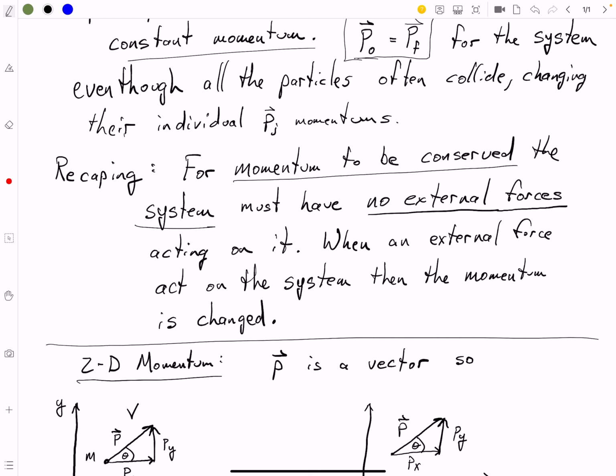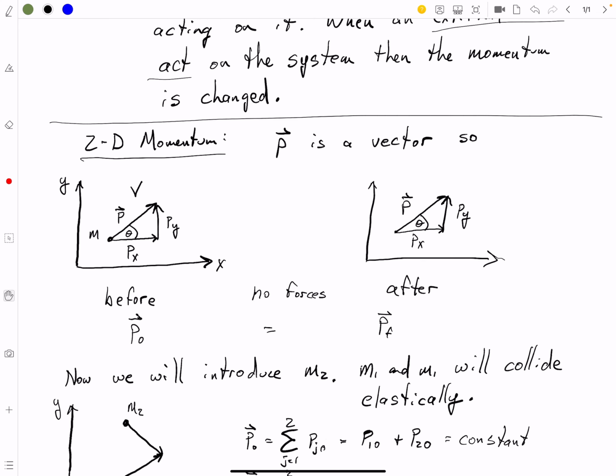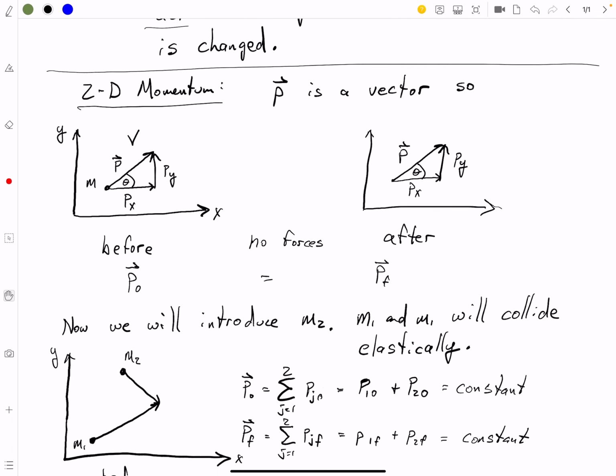When an external force acts on the system, then the momentum is changed. Okay? So if we add an external force, then the momentum is changed. So hopefully that's a little bit more clear about what we were talking about in the conservation of momentum.